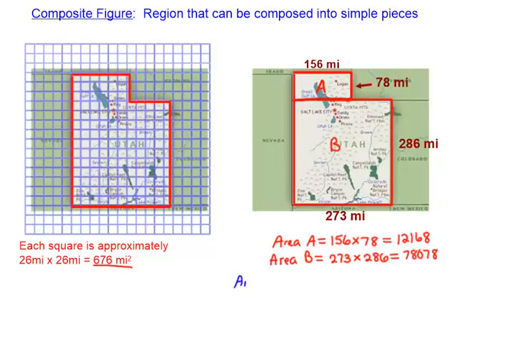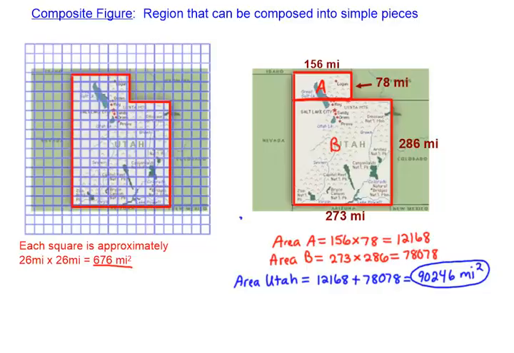So I call that area of Utah equal to 12,168 plus 78,078, and when I add those together I get approximately 90,246 square miles. Now I'm pretty sure that my numbers are a little bit off, but they're going to be pretty close to the actual area of Utah.